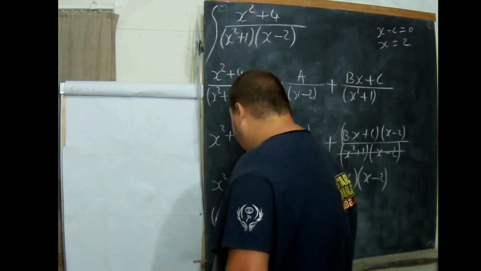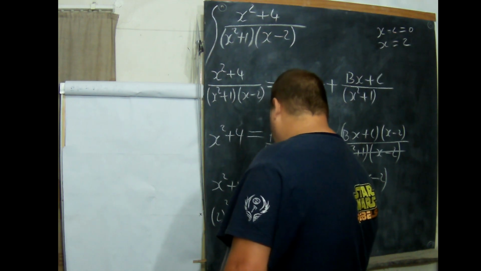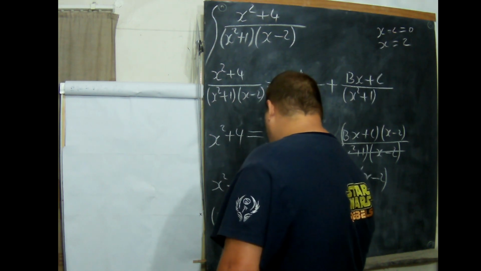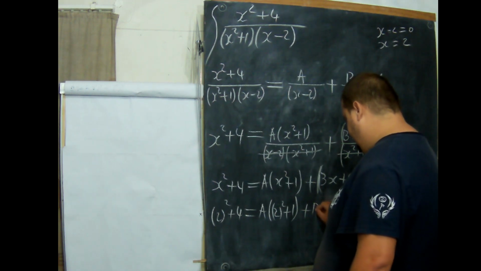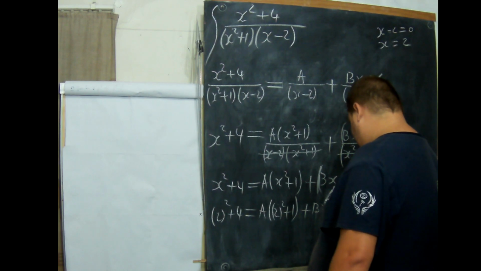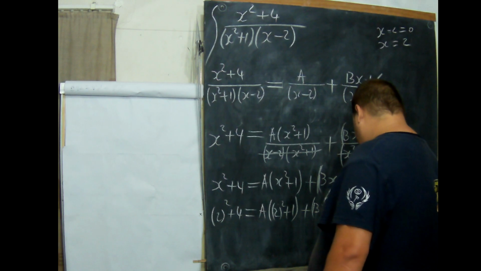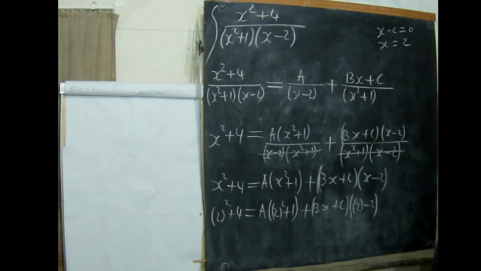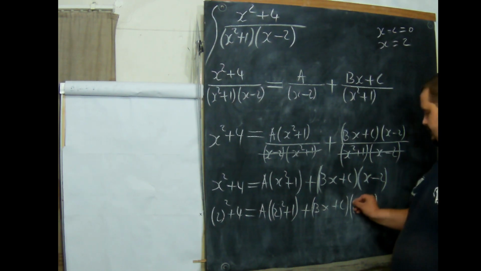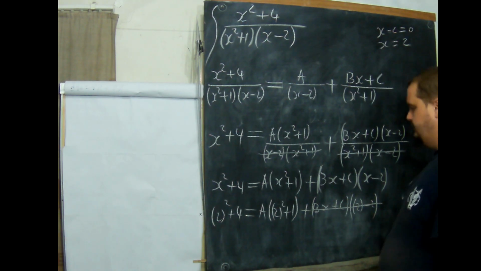So we have 2 squared plus 4 equals A(2 squared plus 1) plus (Bx plus C) times (2 minus 2). Now 2 minus 2 is 0, and 0 times whatever's in this bracket is 0, so that cancels.